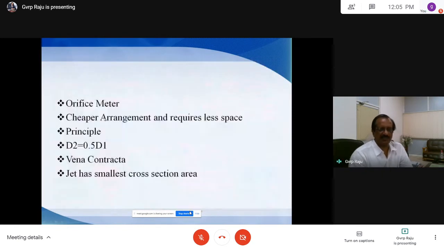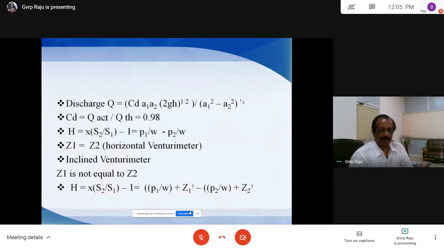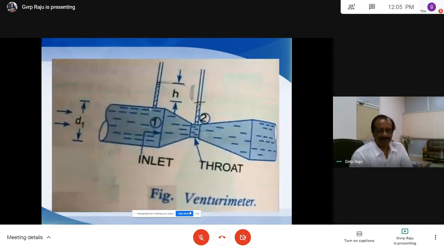Then the next equation is Bernoulli's equation. As you know, you can apply Bernoulli's equation here and here. So P1 by W plus V1 square by 2g plus Z1 is equal to P2 by W plus V2 square by 2g plus Z2.